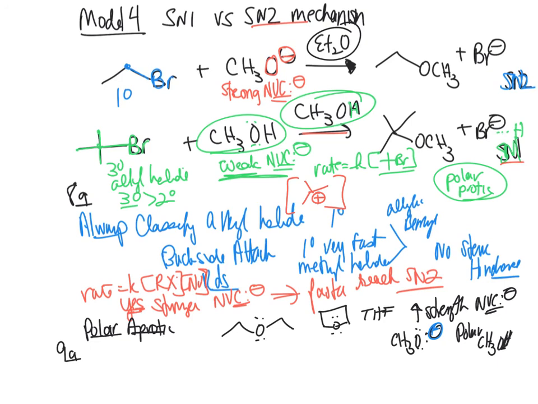Would the solvent be capable of stabilizing the cation intermediate through dipole interactions? Yes. How would these factors affect the stability of the intermediate? Well, it would stabilize the intermediate. And if it stabilizes the intermediate, it will have a faster reaction, because your rate is dependent on the formation of that carbocation.